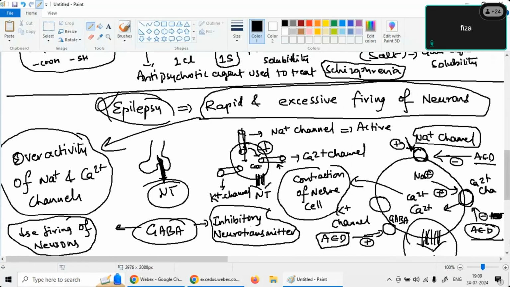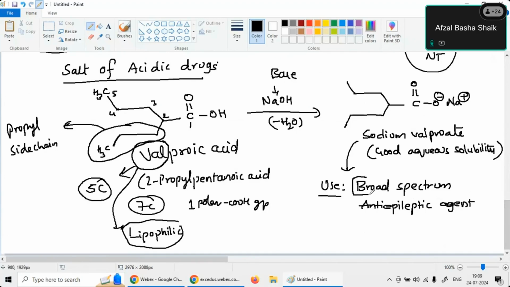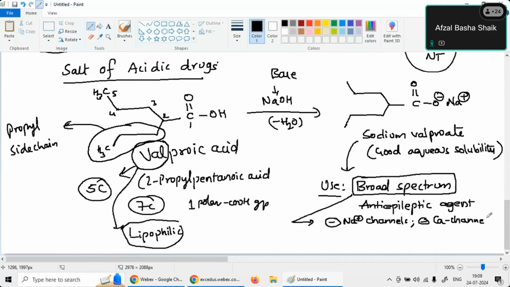Right. So I told that valproic acid is a broad spectrum anti-epileptic agent, because it will inhibit sodium channels as well as it will inhibit calcium channels, and also it will activate GABA receptor activity, or it will promote GABA activity.